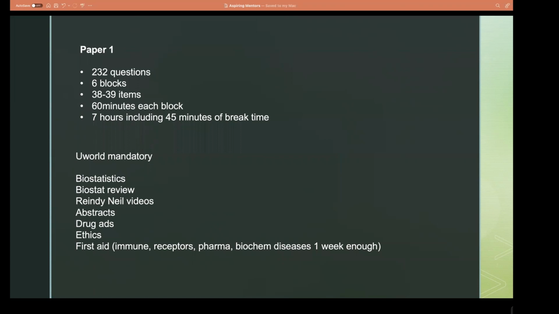And then ethics. I don't know how to prepare for ethics because these are communication questions. And then First Aid. Why First Aid? Because for general questions, you will see questions from receptors, general pharma questions, alpha receptors, beta receptors, those types of things.